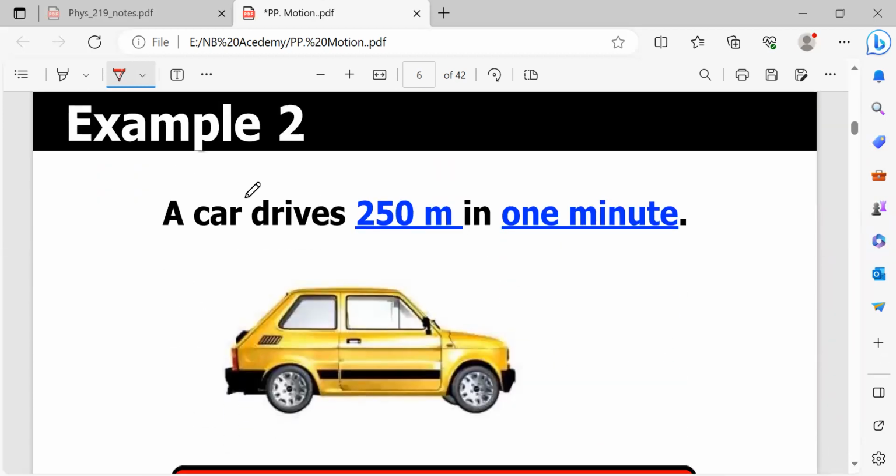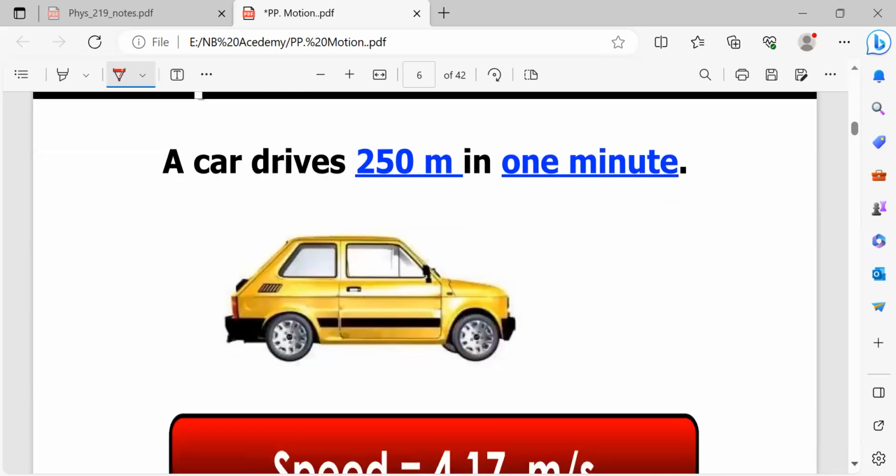Here we have another example. A car drives 250 meters in 1 minute. In this case, we have to convert minutes to seconds because we know that the SI unit of time is second. So to convert from 1 minute to how many seconds, you're going to multiply by 60.